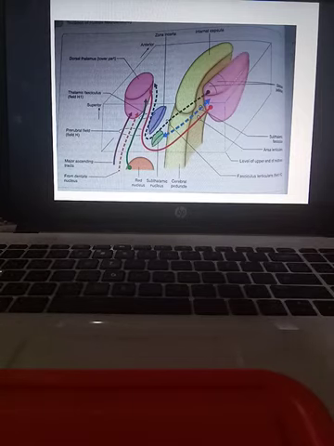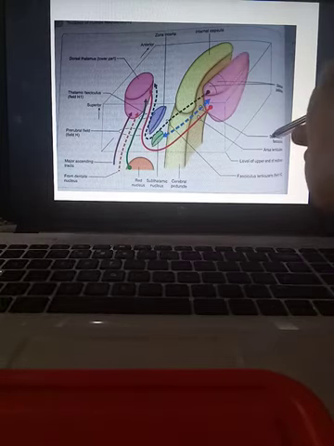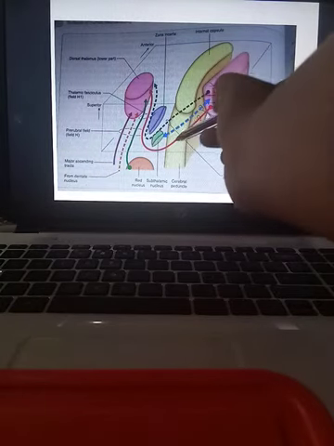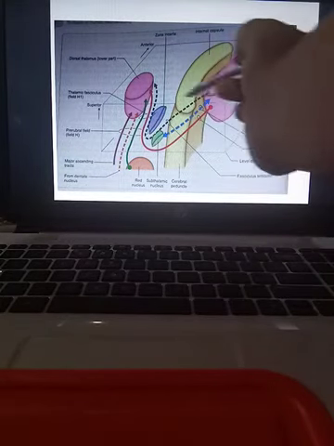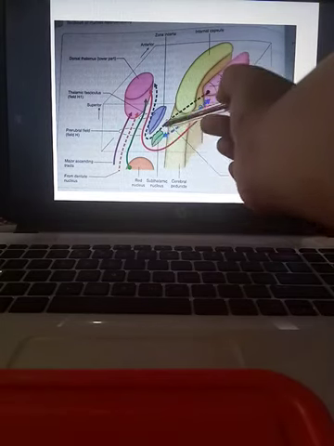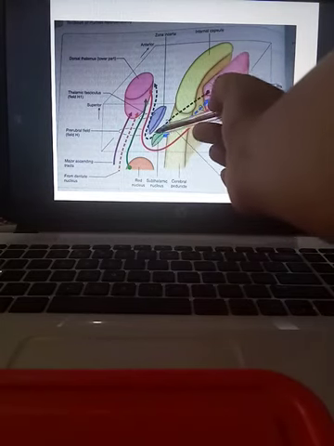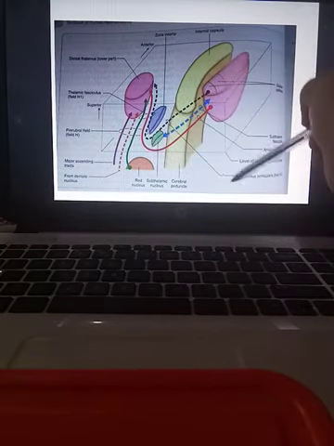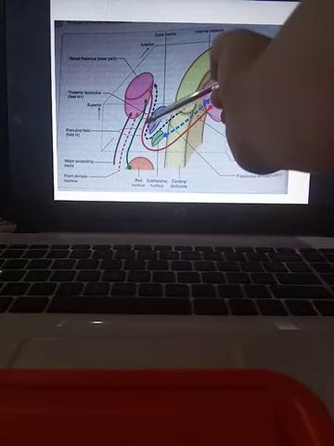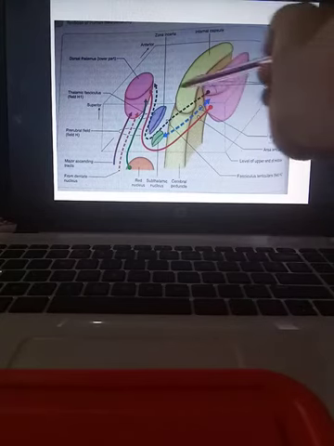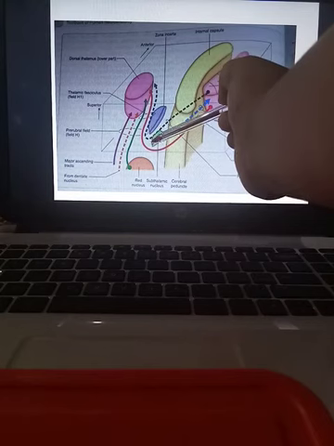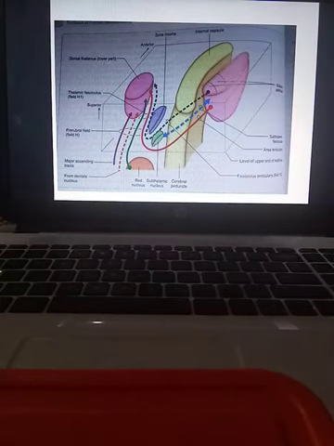So you have 4 fiber bundles passing through the subthalamic region. क्या क्या? पहला ही ansa lenticularis, this red colored line from the globus pallidus to the thalamus, passing just beneath your subthalamic nucleus. Then you have the fasciculus lenticularis, this black colored line just passing from the globus pallidus to the thalamus, touching the subthalamic nucleus above.